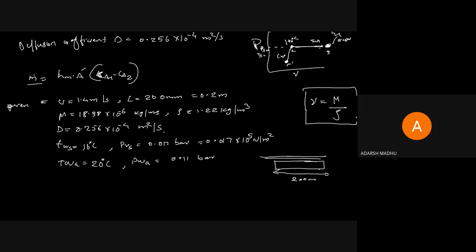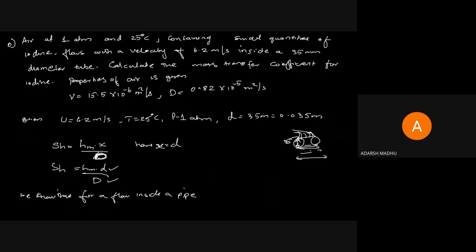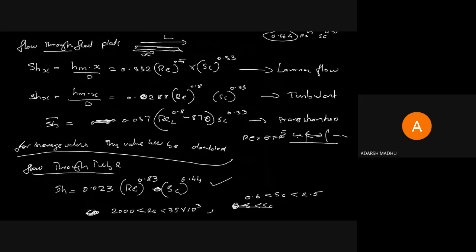So using our equation for flow over a plate, you first want to find out whether it is laminar flow or turbulent flow. Over a plate you have three equations: for laminar flow, for turbulent flow, and for transition flow.